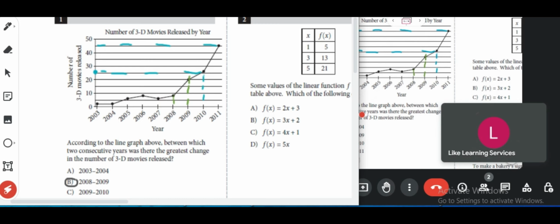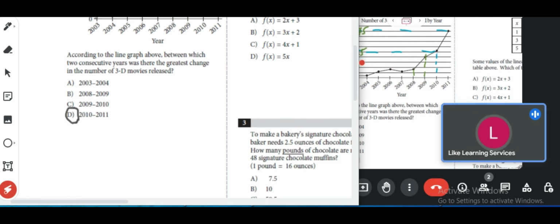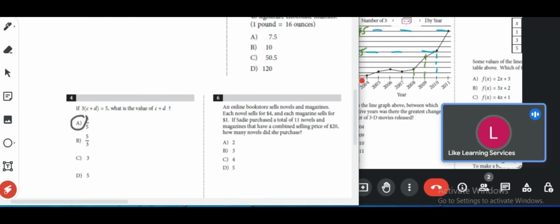Because this is 45 and this is 25, the difference is 20, compared to this one, which is around 9, and here is around 20. So 20 minus 9 or 8 is 11 or 12. So 2008 to 2009 is small. Okay, so let's go to number 2.